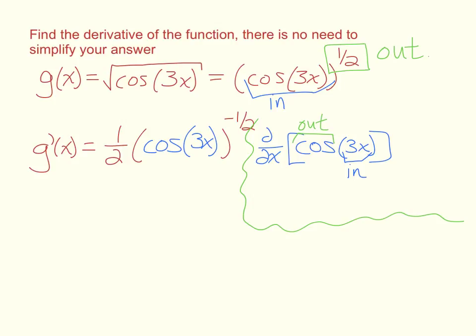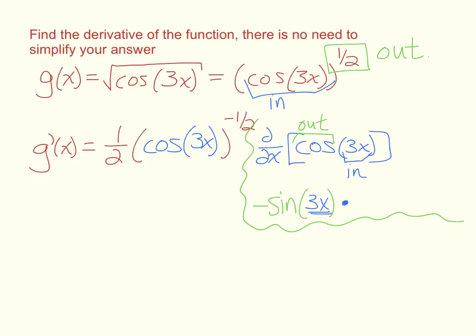So the derivative of cosine 3x means we take the derivative of the outside. In this case it's cosine. The derivative of cosine is negative sine. We leave the inside alone. And to that we multiply by the derivative of what's on the inside.